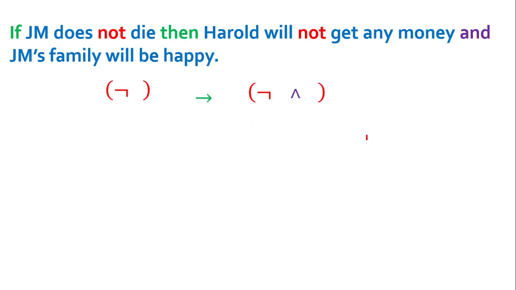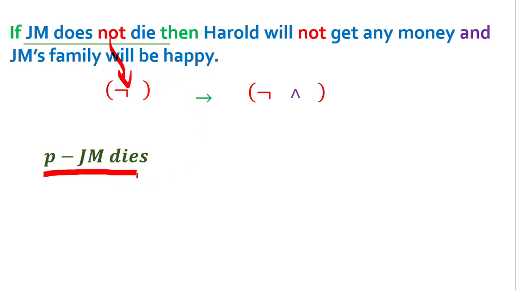For example, JM does not die. Pero hindi na natin pwedeng ilagay yung not, kasi nga pag inayos natin yan, yung P is JM dies, kasi yun yung connectives natin. So yun yung magiging P natin. Next, Harold will get any money.